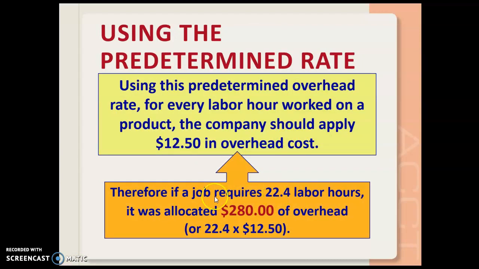So if a job requires 22.4 total labor hours, then we take those 22.4 direct labor hours and multiply by the $12.50 rate that we just calculated, and that gives us $280 of overhead that we're going to apply to that job.